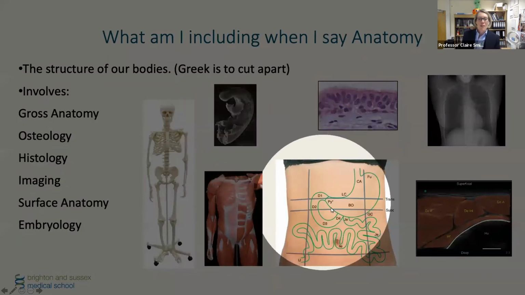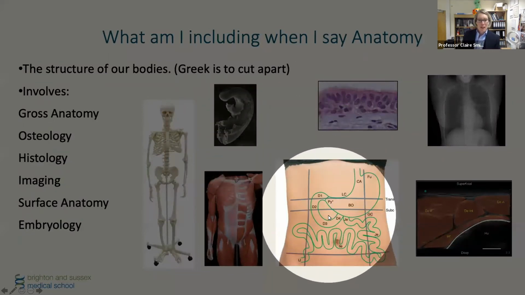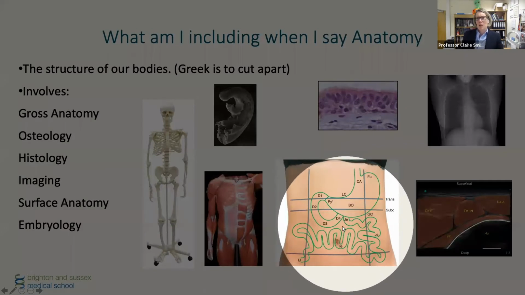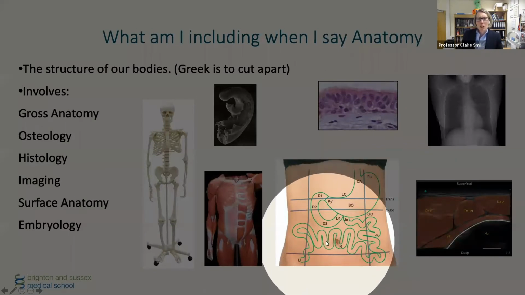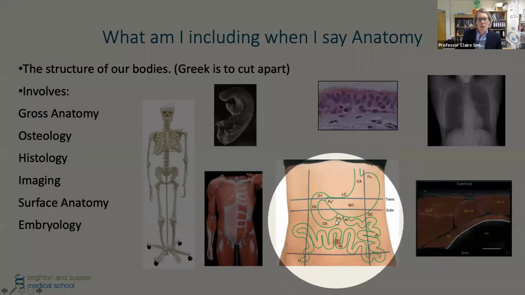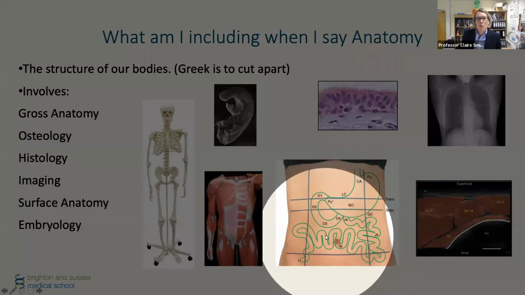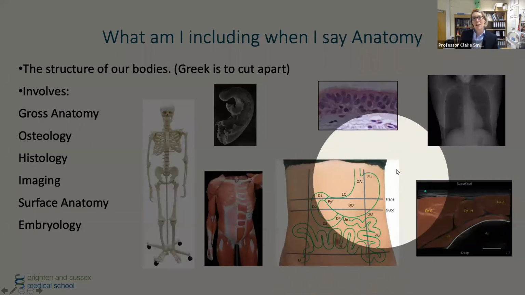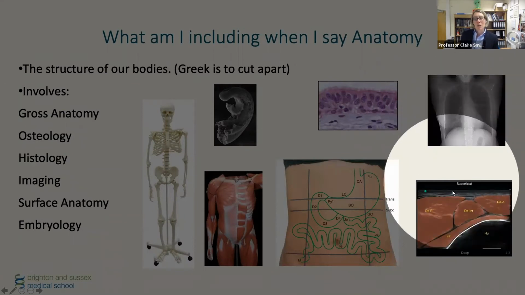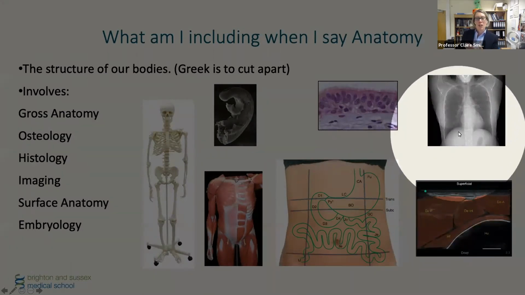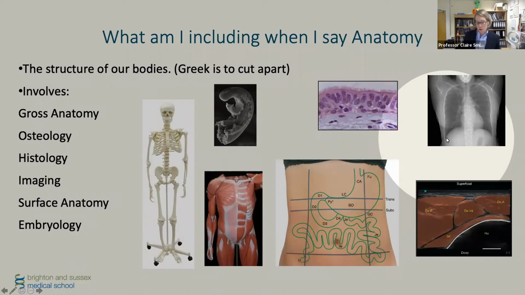We have surface anatomy. How are we going to understand and apply that knowledge? If a patient comes in with pain in this region, what might be under there? What might be causing it? And it's very highly linked to imaging, whether that be through ultrasound, chest x-rays, MRIs, CTs, etc., and how we view the body.